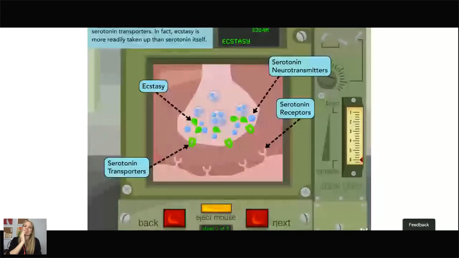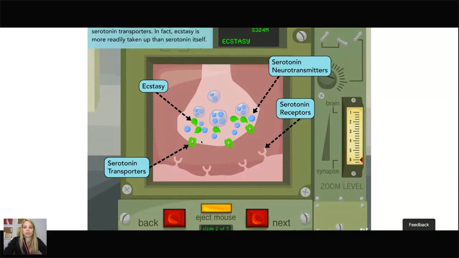And so it gets taken up into the dendrite, because the dendrite thinks it's serotonin, thinks it's going to make it happy. But the reality is it overloads your brain, and then your brain's like, I'm so happy. But then when you don't have any more ecstasy, your brain's like, oh, I'm not happy anymore. So the point of this is you can see how the neurotransmitters are moving through the brain.